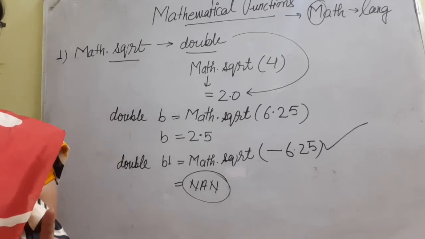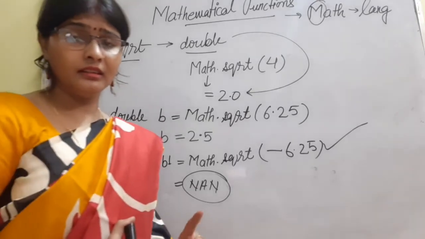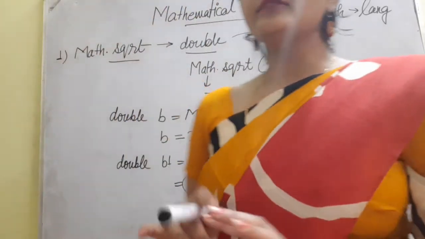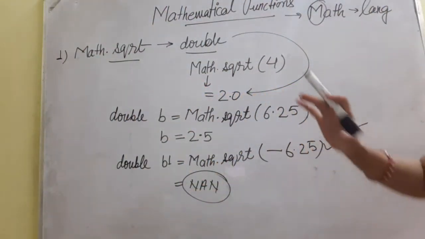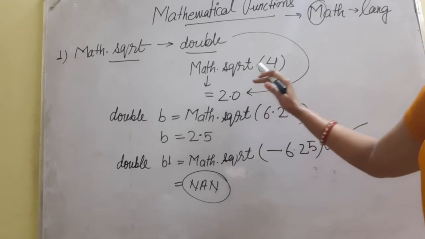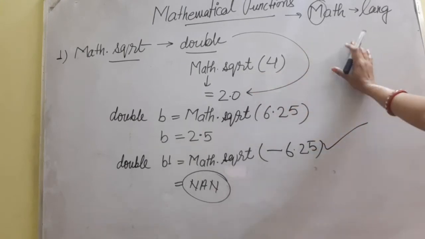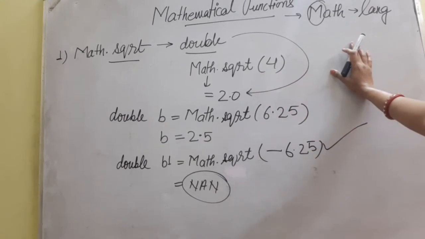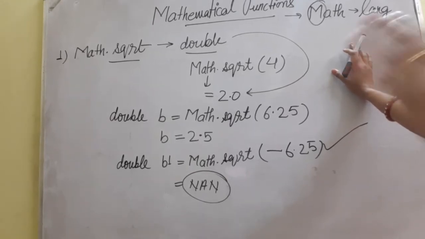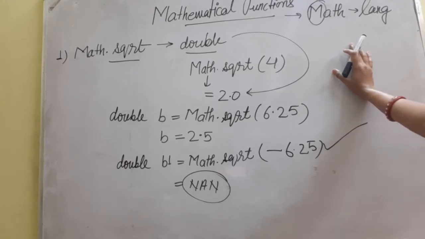Clear? I hope it is clear. See once again what we have done. Simply sqrt will give you the square root of any number, and the return type of sqrt is double all the time.